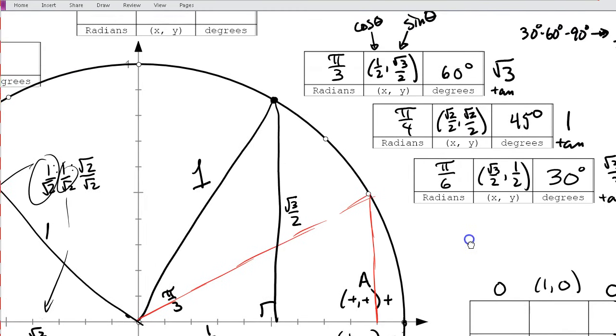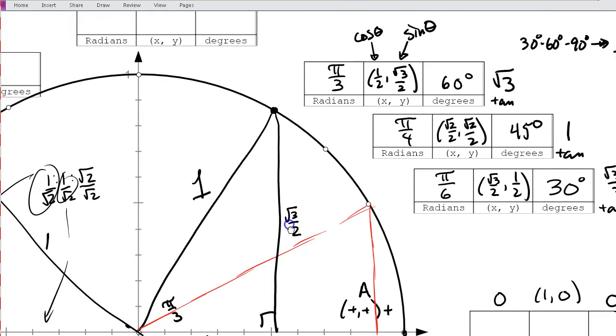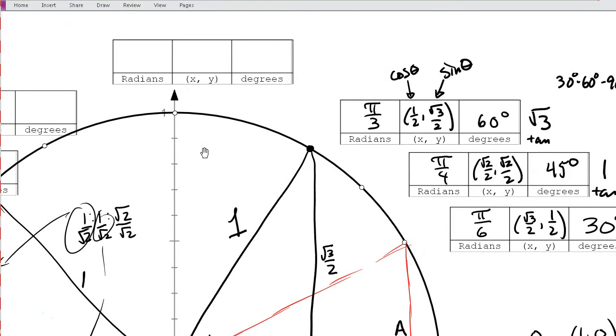Okay, so this gives us the 3 angles in the first quadrant. Let's go ahead and just do the quadrant angle at the top, and then we'll continue this in the next video. So up here at the top, we know we have 90 degrees, and 90 is going to be pi over 2.